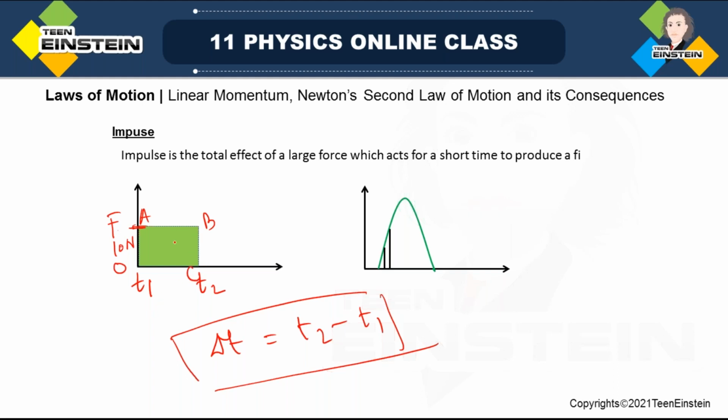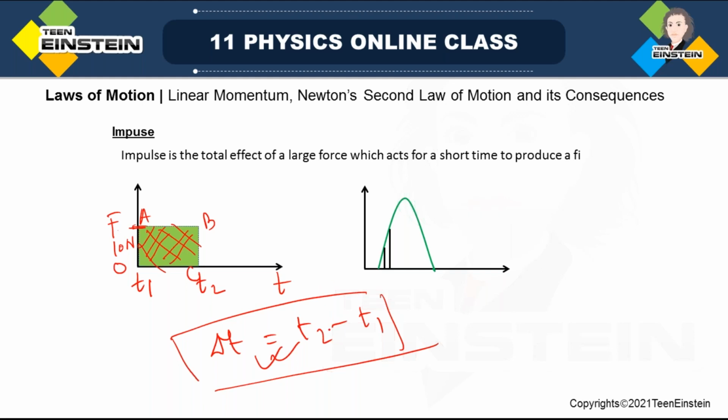So if the force is always constant, then during this interval, what is the change in the momentum? You can get that from this force time curve. This is called the force time curve. If you find the area of this force time curve, that will give you the change in the momentum.